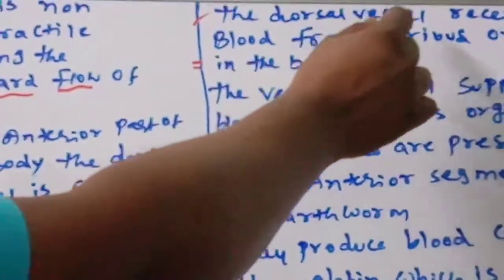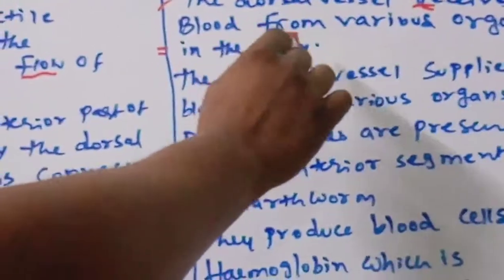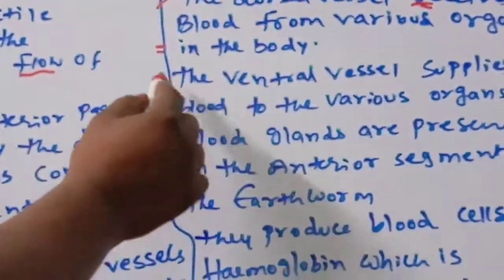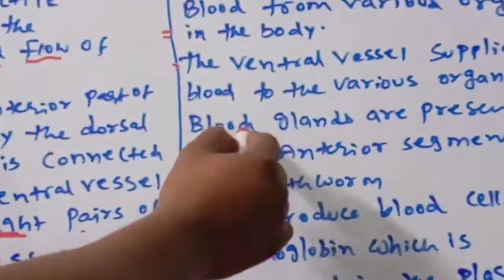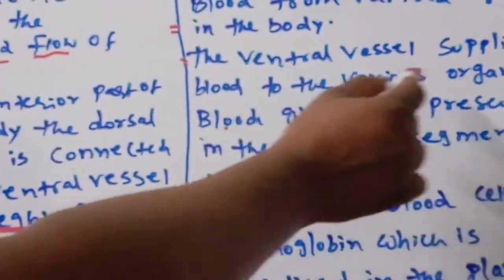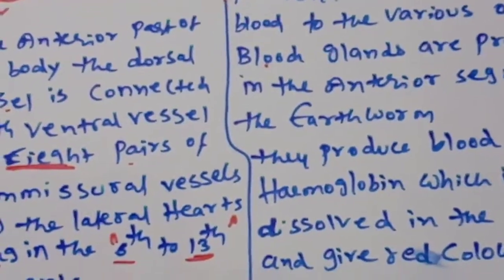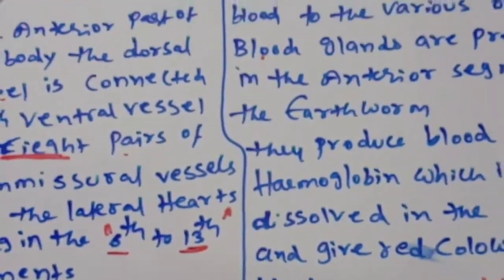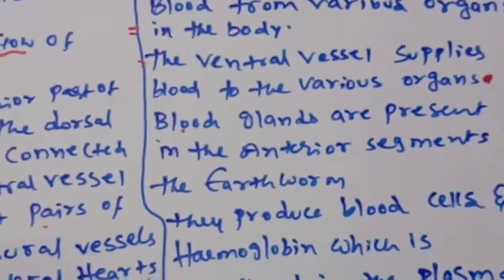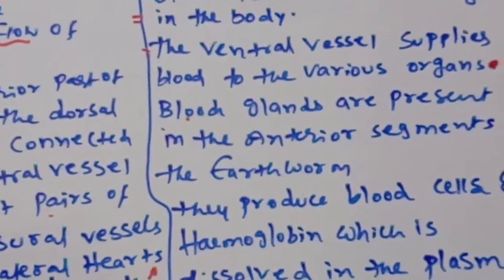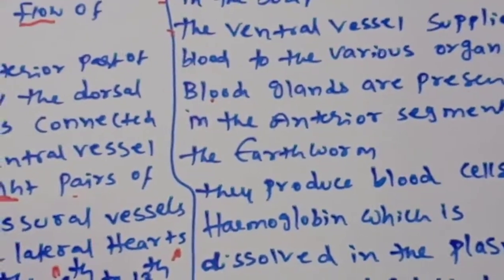The ventral vessel supplies the blood to various organs. The vessel which receives the blood is called a vein, and the one which supplies the blood is called an artery. So the dorsal blood vessel acts as a vein, and the ventral blood vessel acts as an artery.